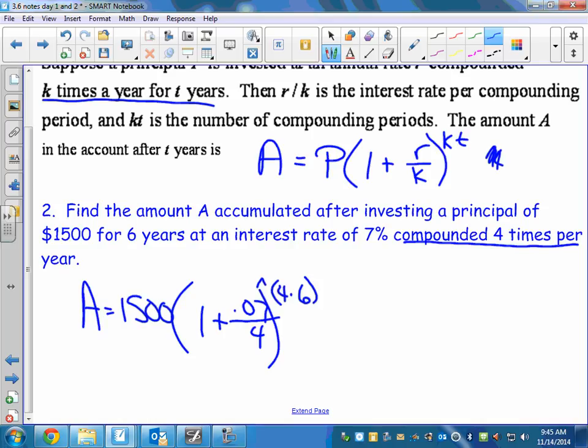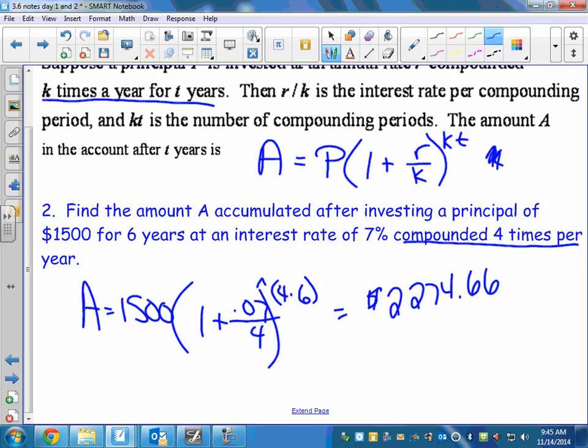0.07 divided by 4 raised to the 24th power. I got $2,274.66, which is a little bit more money than the last one. That's what I got. Type it on one side.